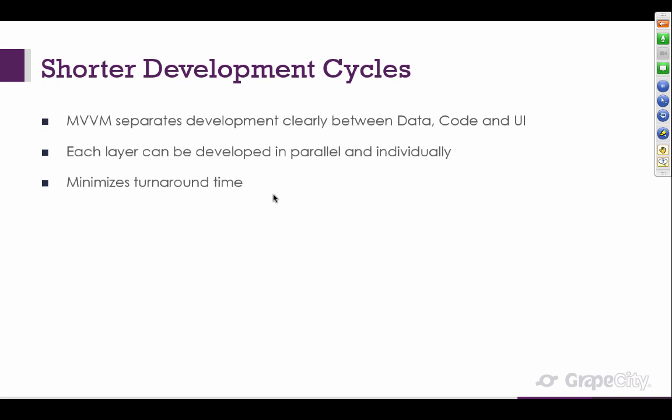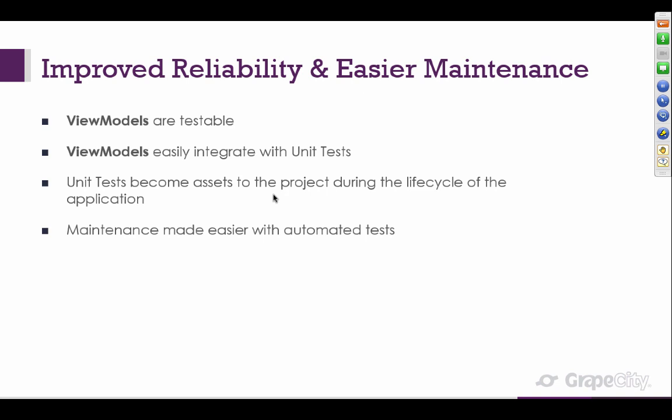And really what that does is it minimizes turnaround time. So you can all be working in parallel, and once you have that basic object model ready, the views can be created and bound to it, and the designer can start playing around and declaring the UI without ever having to go into JavaScript, and that's really important.